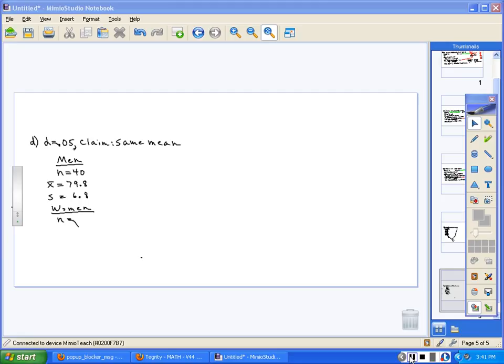Okay, we'll come back up here and try that. Wow. N is equal to 50. X bar is 81.2.